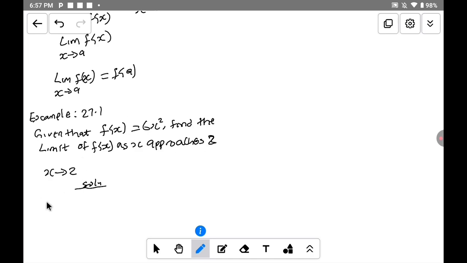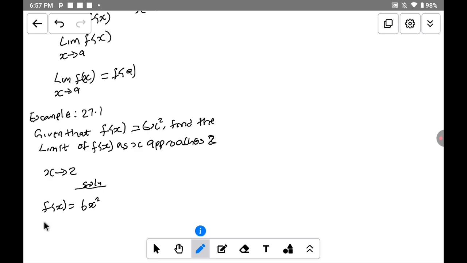So our function f of s is equal to 6s squared. It may be a number like 4 or 5, but in this question they say s approaches 2. Now anywhere you see s, you replace it by 2. That is simple.